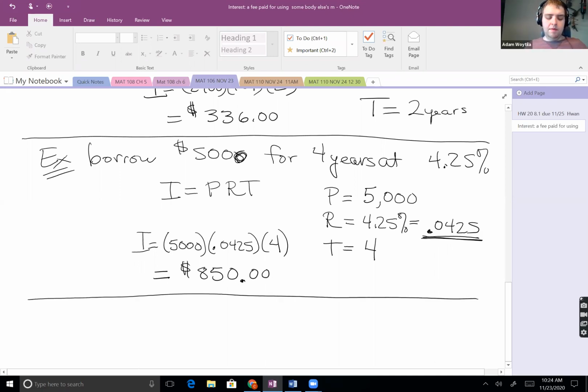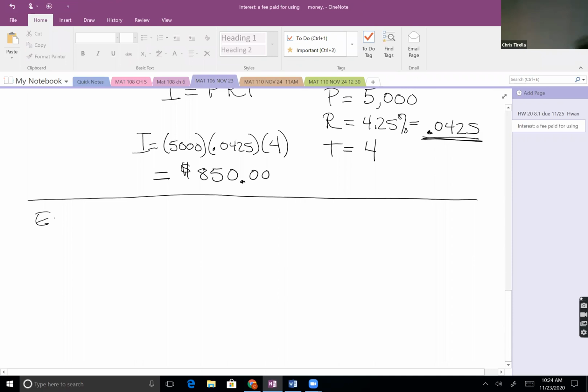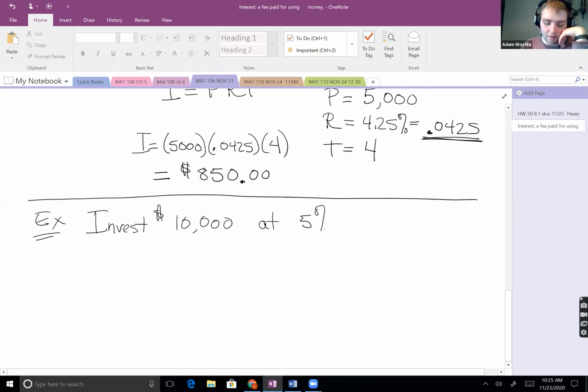Okay, next one's going to be a little trickier. This time, let's say we're going to invest $10,000. Everybody has an extra $10,000 to put in the bank, right? At 5% interest for 8 months.